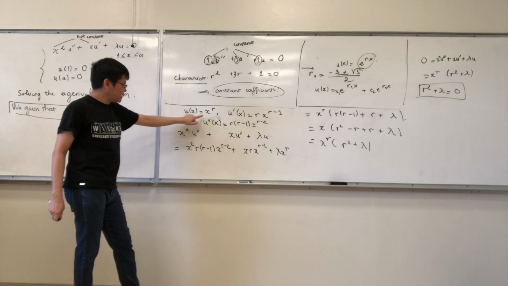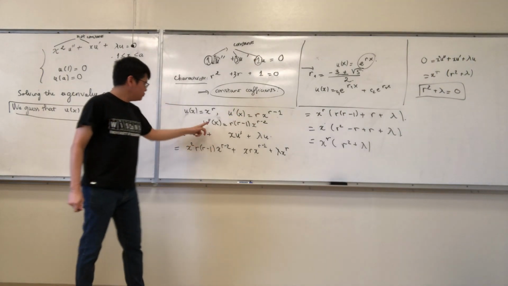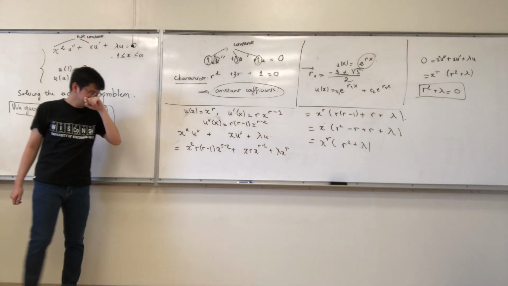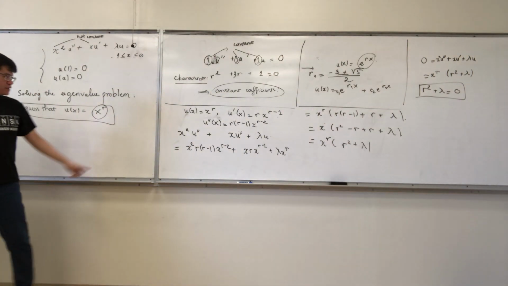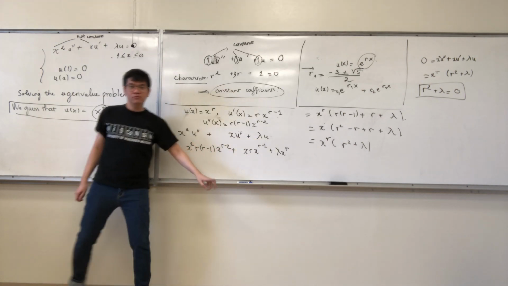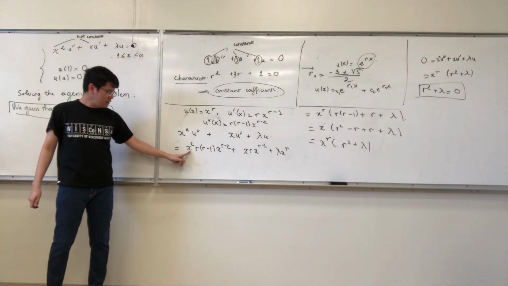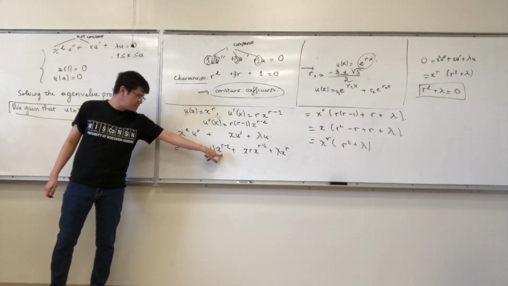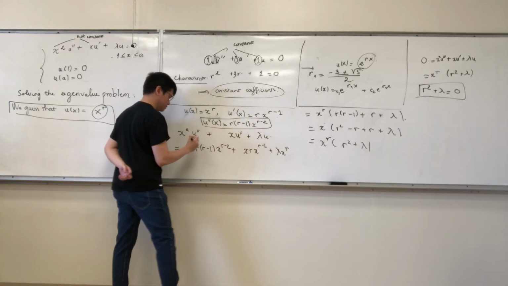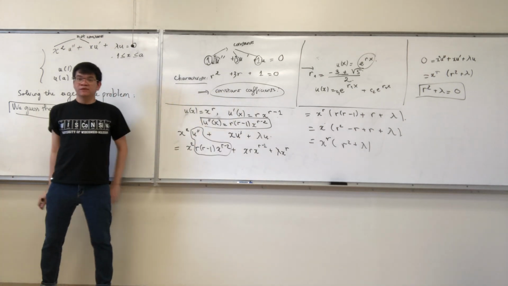So you have u(x) is x to the power r, u prime will be r x^(r-1), u second is r(r-1) x^(r-2), right? So now you have x squared u second plus x u prime plus lambda u, which is this equation. You're gonna get x squared times r(r-1) x^(r-2), because here you replace this formula into this equation, right?